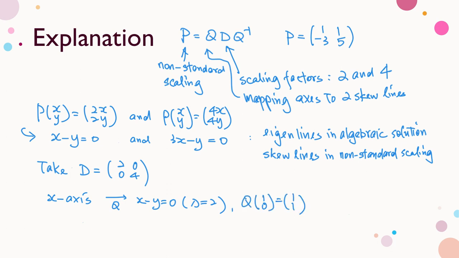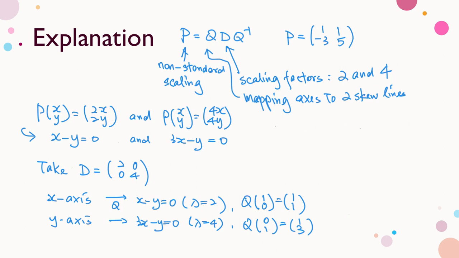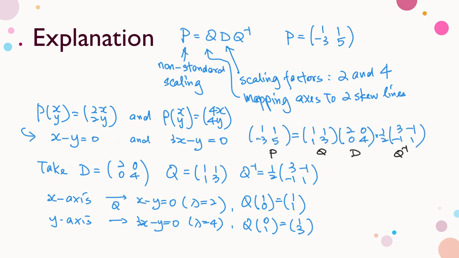Similarly, the y-axis is mapped to 3x minus y equals 0. Choose 1, 3 from the line as the image of 0, 1. Therefore, we have Q, and thus Q inverse. The matrix P is decomposed geometrically in QDQ inverse with the same result from the algebraic solution.